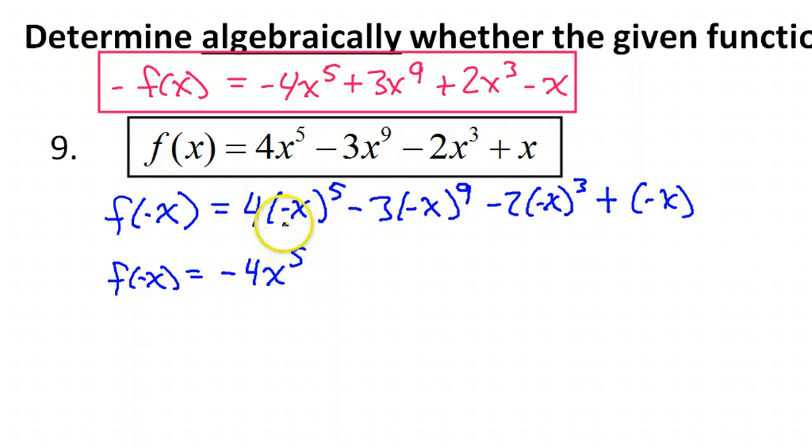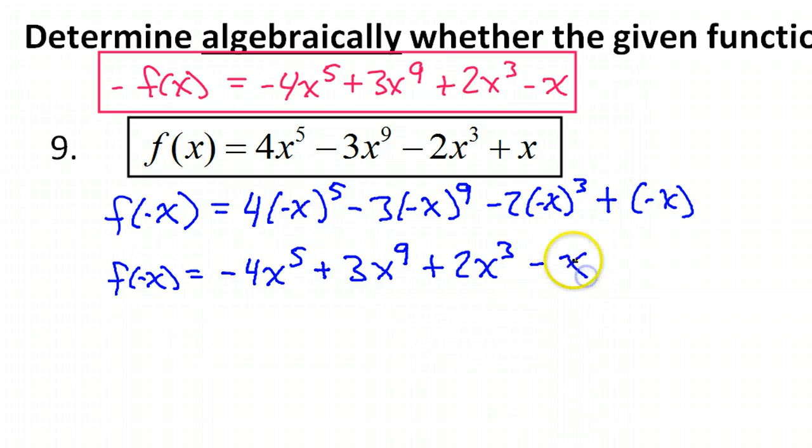It just comes out front. This negative is going to stay, but that means we'll have a negative times a negative, so that'll make a positive 3x to the 9th power. And this negative will stay, and again, a negative times a negative is a positive 2x to the 3rd power. And this negative will stay, but a positive times a negative is just a negative, so this will be minus x. And let's go ahead and put a box around this so we'll know what we are comparing to what.